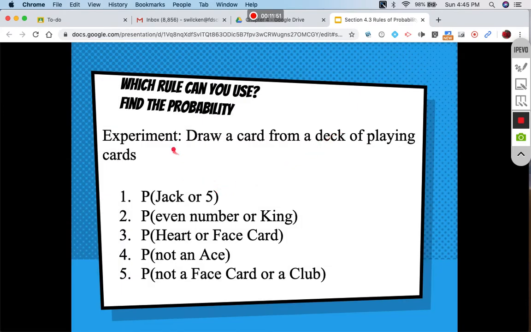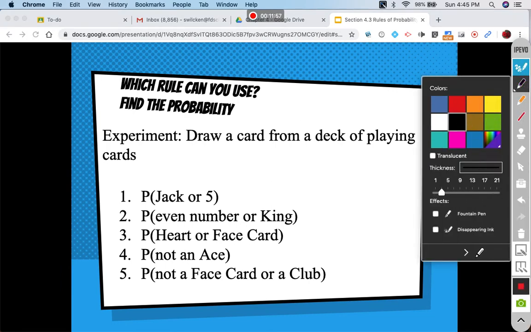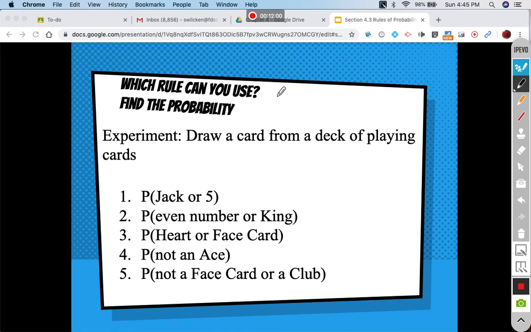So on here, I want you to again say which rule you can use. When I'm talking about which rule, we're going to talk about the special addition, the general addition, and we will finally do the complement.